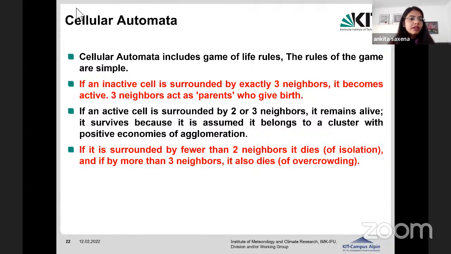With time, it will be converted into commercial activities. It's a real example. That's how real concepts can be introduced in the form of rules using cellular automata, and we can project our urban growth for the future.